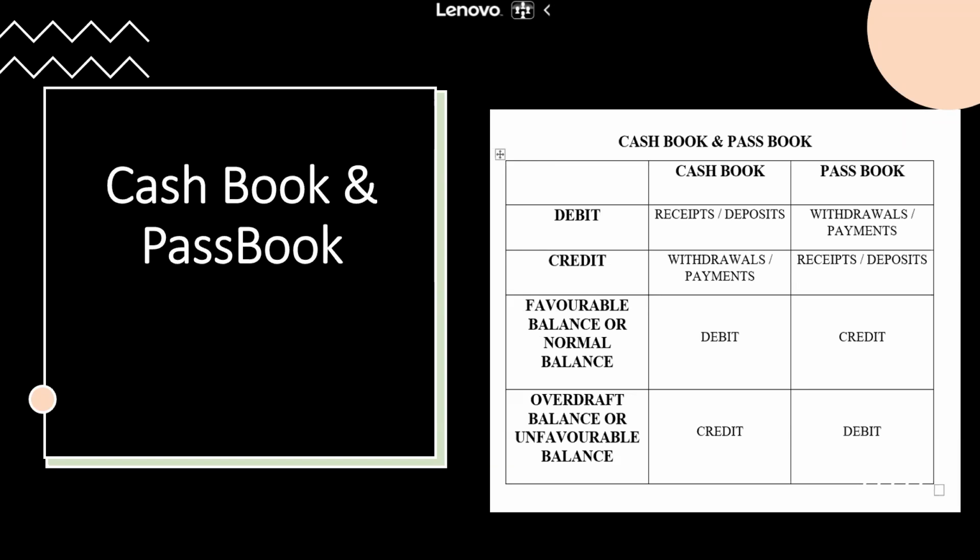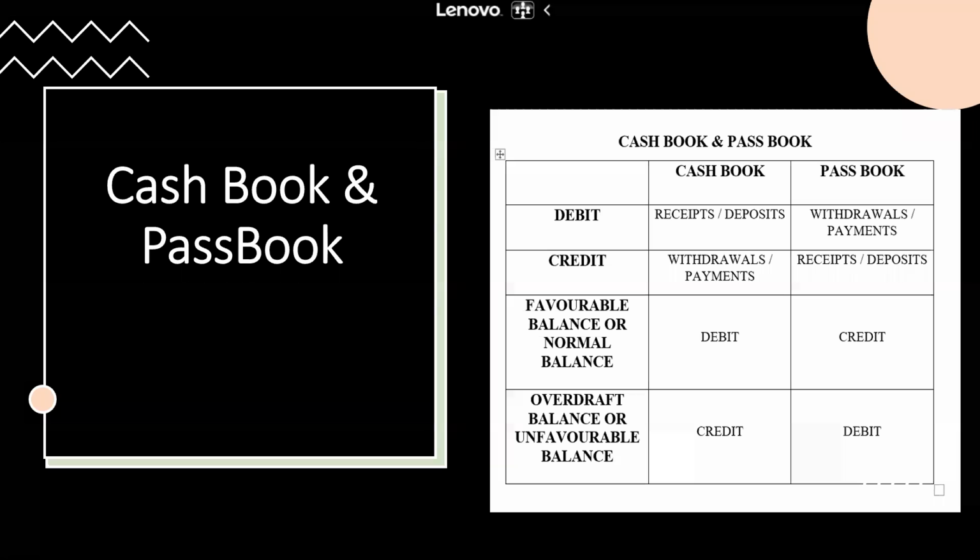Right? So normal balance of cash book and overdraft balance of passbook are same. Similarly, normal balance of passbook and overdraft balance of cash book are same because both of them will show credit balances. Right? So tell me which two things will show credit balances?